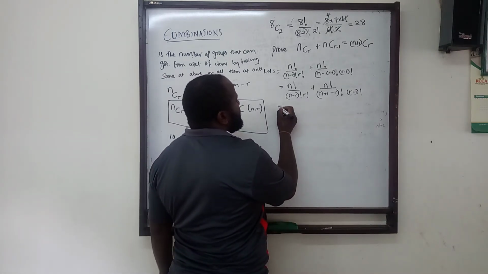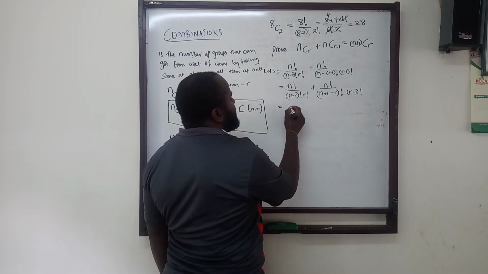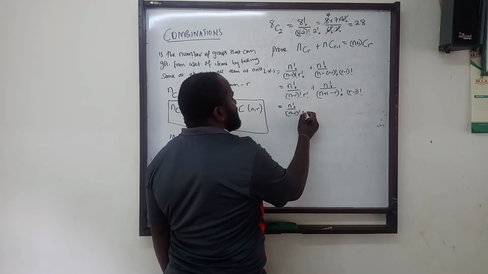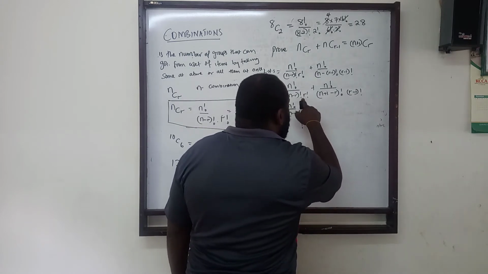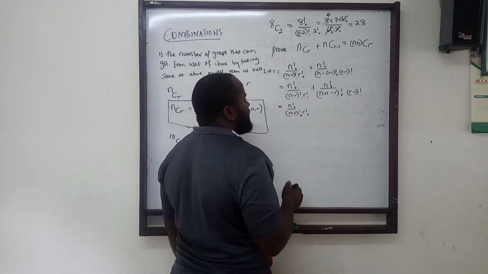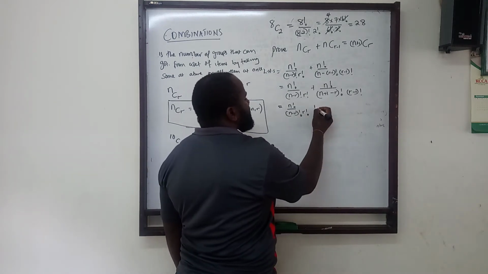We shall have, this one is coming from n factorial over n minus r factorial. Now this r factorial can be reduced until you have r minus 1, right? But before that, let me show you this part.